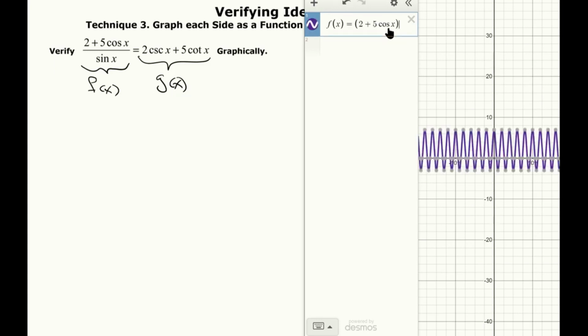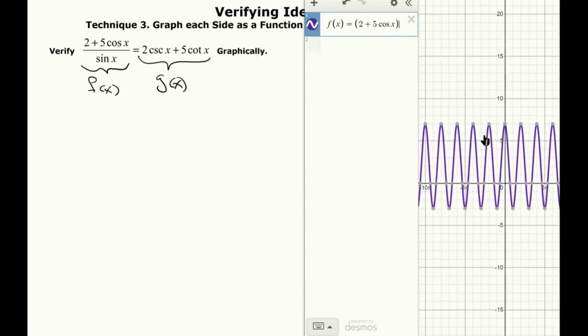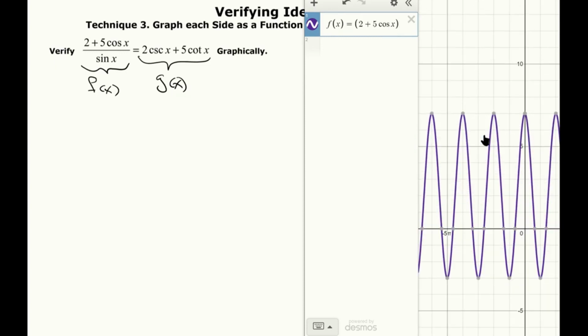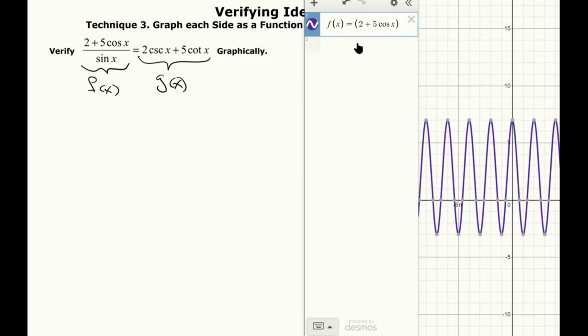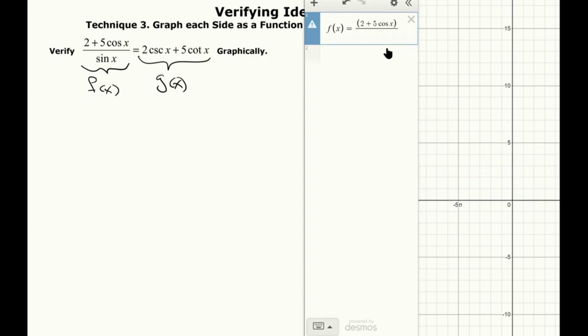Now notice it's still not a very dramatic graph, but in fact, that's just a cosine curve. The reason it looks jagged like that is because it's so zoomed out.